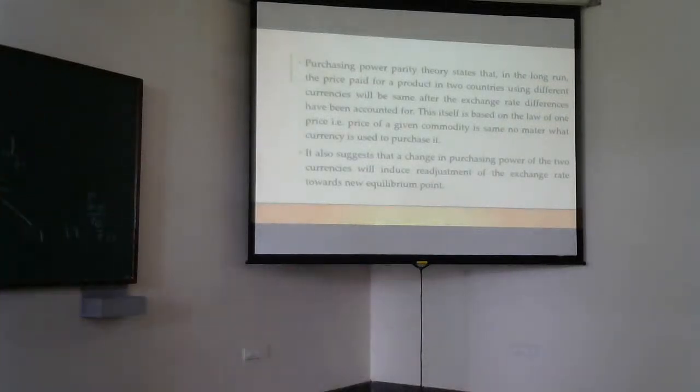So what exactly are we doing when we create the aggregate supply and aggregate demand curve for an individual country? We are identifying this equilibrium level, which gives us the general price level of the economy as well as the quantity that we have produced at that level. Fine. So this is the equilibrium level of the country.